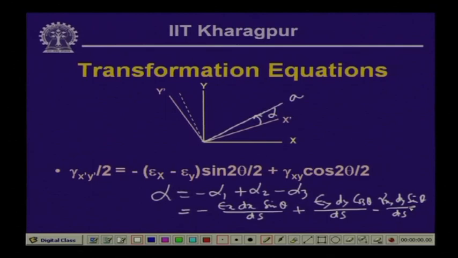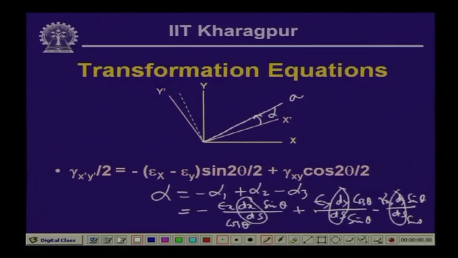Now, all three together: dx by ds, as we have seen, is cos theta, dy by ds is sin theta, and dy by ds again is sin theta.